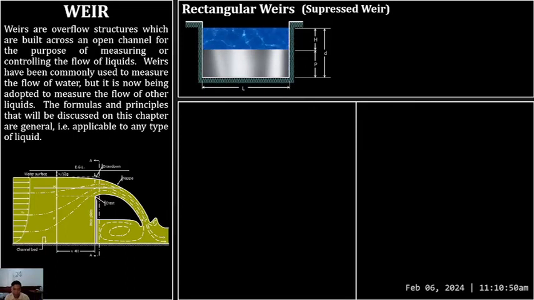As you can see, yung length ng weir plate ay pareho sa width ng channel. Ito yung width ng channel. Equal siya sa L, di ba?